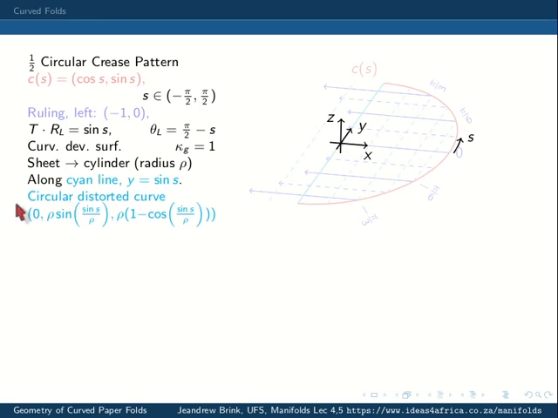So this distorted crease curve, I'm basically going to take this thing and bend it upwards, from minus pi over 2 to pi over 2. So there it is. As you bend it upwards, this length of curve is exactly this parameterized curve that I've plotted, where S goes from minus pi over 2 to pi over 2.